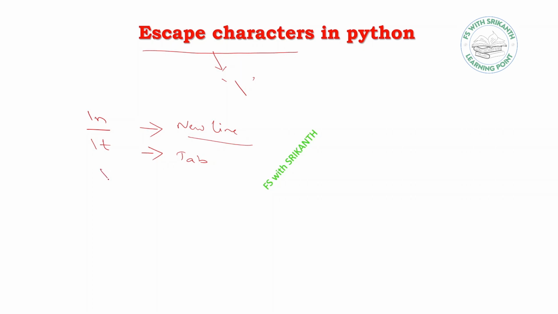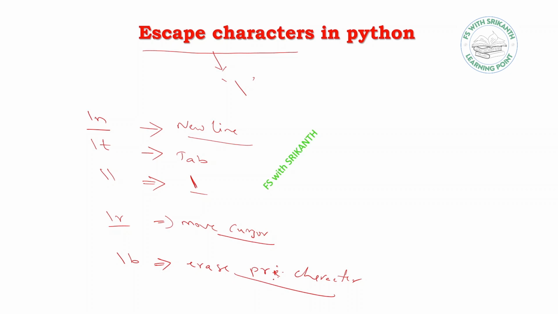And double backslash represents itself, it can place a backslash symbol in your printable statement. And \r is used to move the cursor to the beginning of the line, where you place this \r, the cursor is moved to that particular position. And \b represents the backspace character, it is used to erase the previous character.